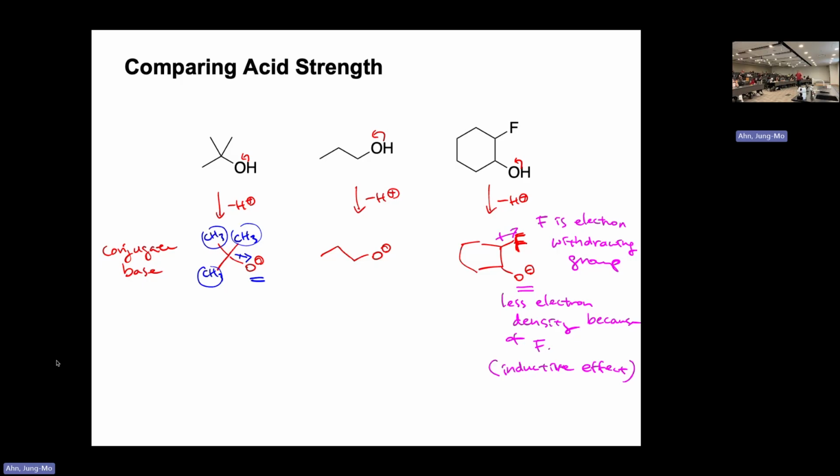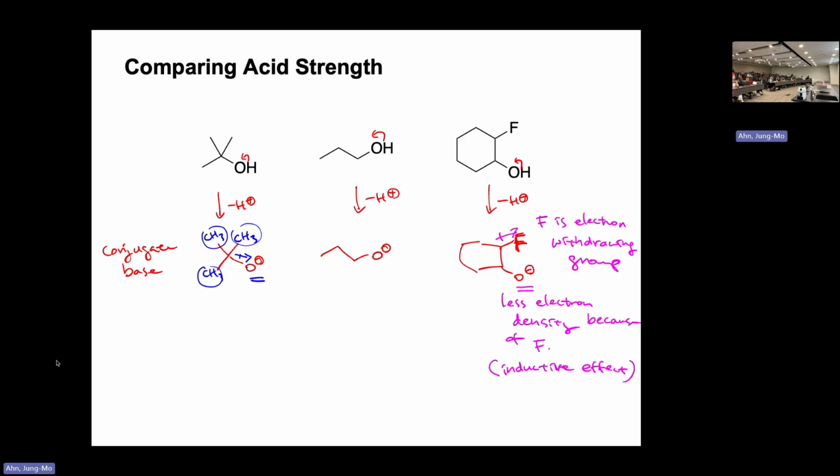Each carbon donates electron density through the bond to the oxygen, which already has an extra electron. So that carbon chain makes it worse for the oxyanion because the neighbors just keep giving electrons.